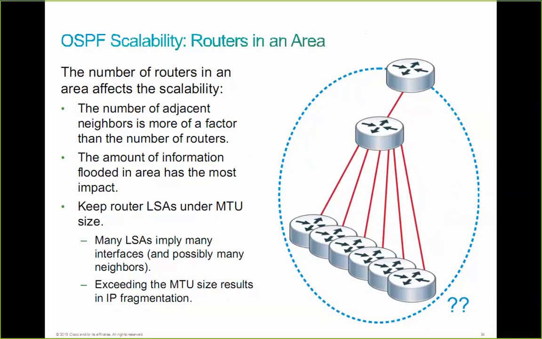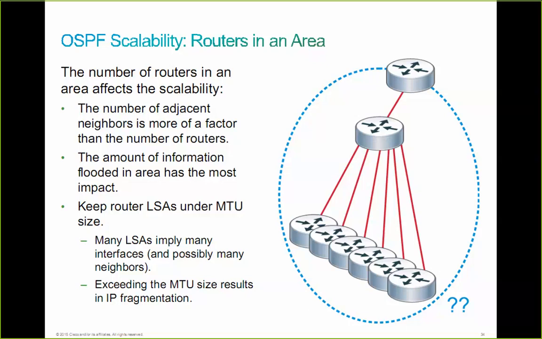But the number, well, let's say for test purposes, is 300. Ideally, though, you want to monitor your OSPF implementation. You want to monitor your OSPF design. If you start to see issues, then you might consider scaling back the size of your areas to promote more stability.